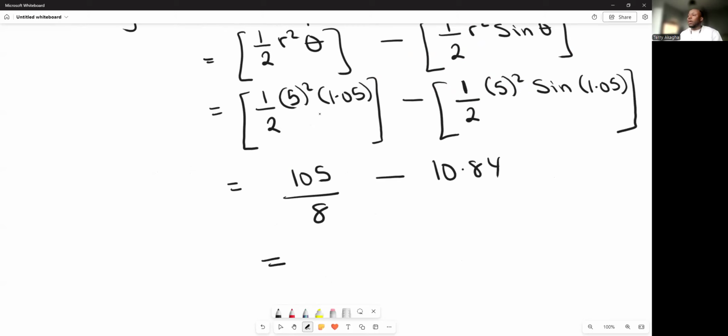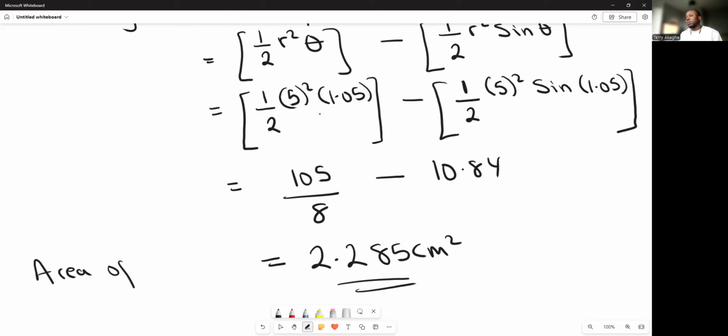Together, it gives you 2.285 centimeters squared. So this is the area of the segment, which is equal to 2.285 centimeters squared.